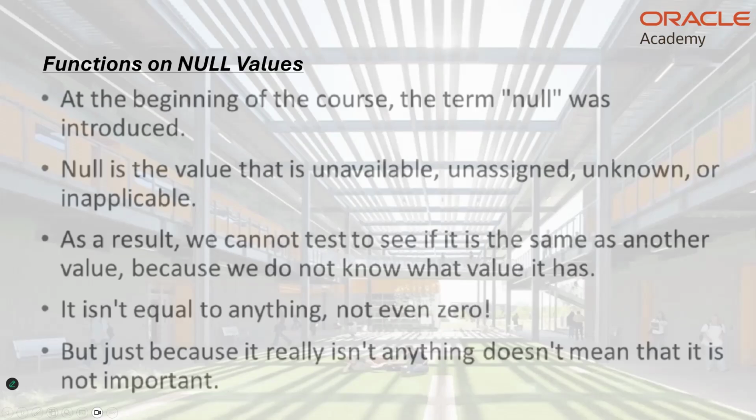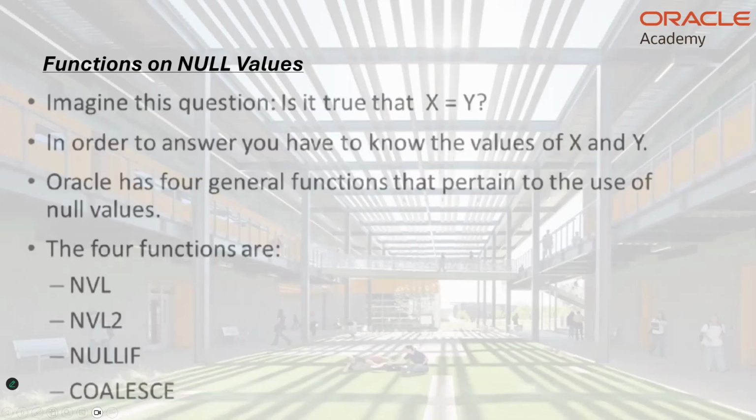But just because it really isn't anything doesn't mean that it's not important. So imagine this kind of ridiculous question: is it true that x equals y? Well, from our math days, unless you're in algebra or calculus, you'll say that's not true. But in order to answer that, we have to know the values of x and y, right?